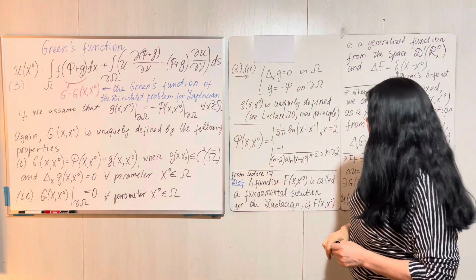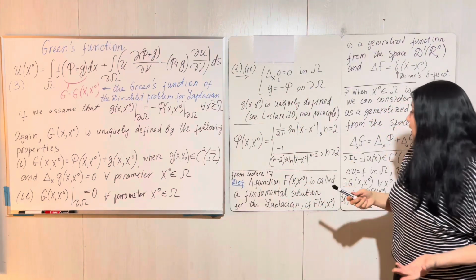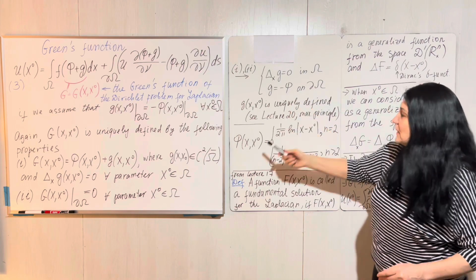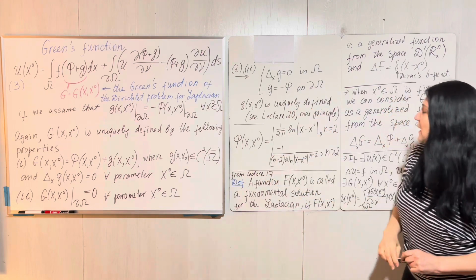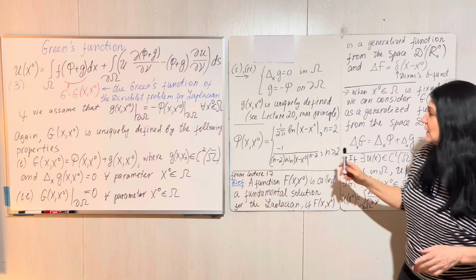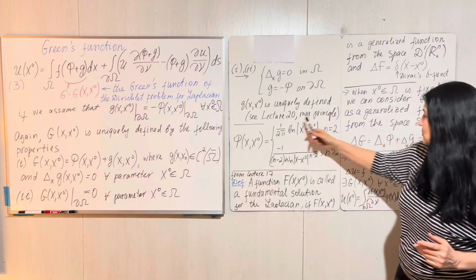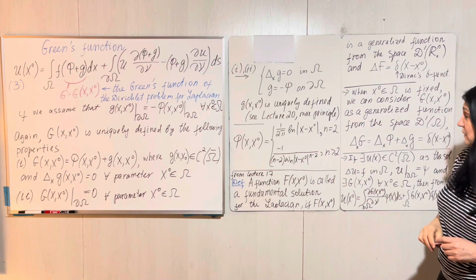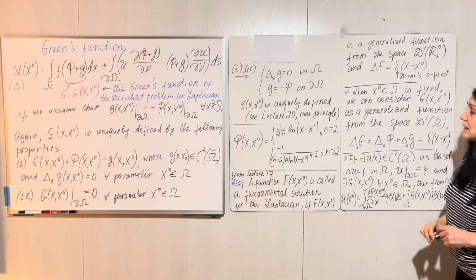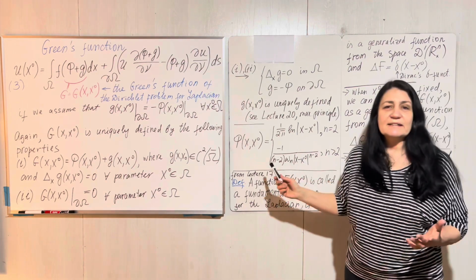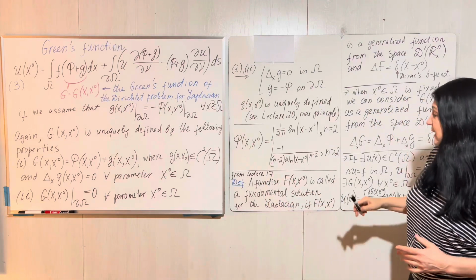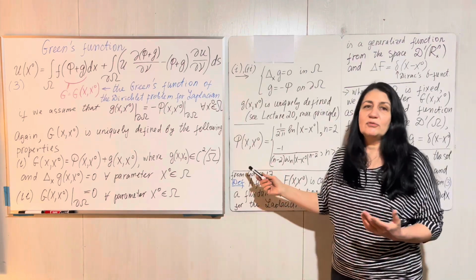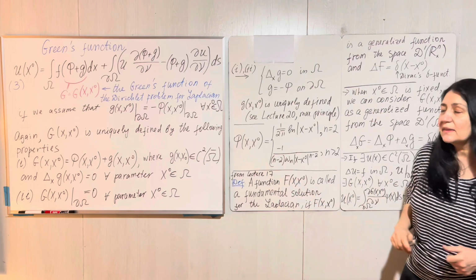So we have this, and here I just reminded you what φ is. φ is our fundamental solution, a specific fundamental solution written in this spherical form. And in lecture 17, we had a definition of a fundamental solution.